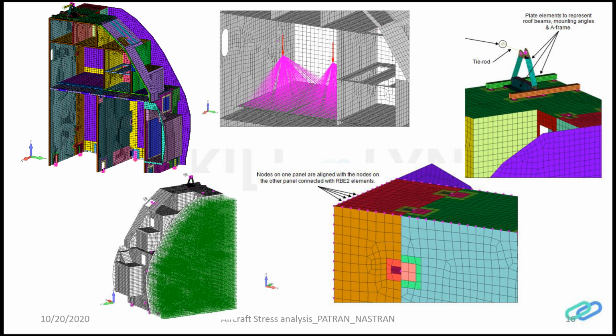These galley monuments are analyzed for those inertia cases, and also for rapid decompression cases. Rapid decompression is when there is a hole or puncture in the structure of the aircraft during the flight. Since the pressure within the cabin is more than the outside pressure, the pressure tries to run from the aircraft to the outside.